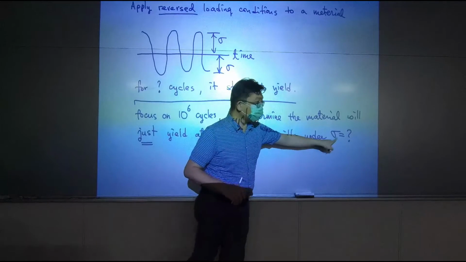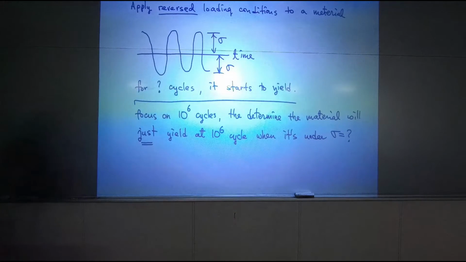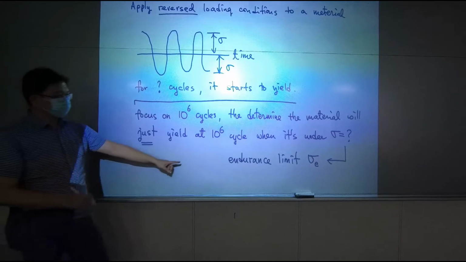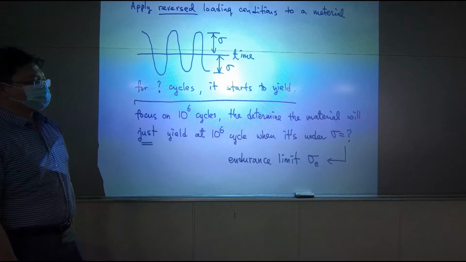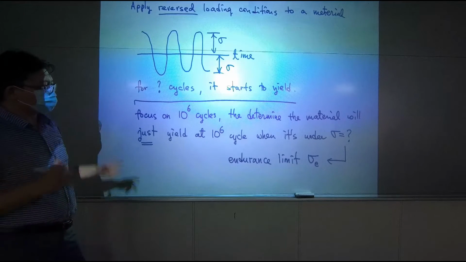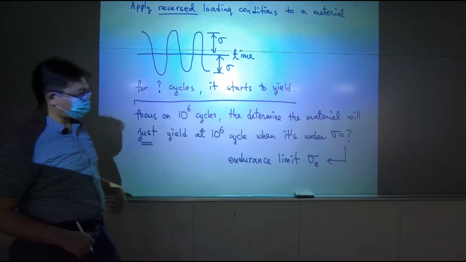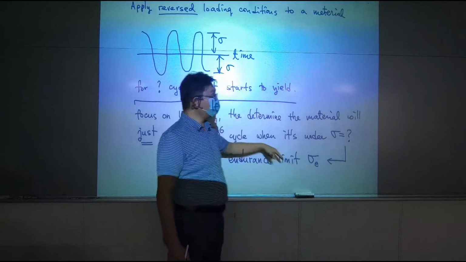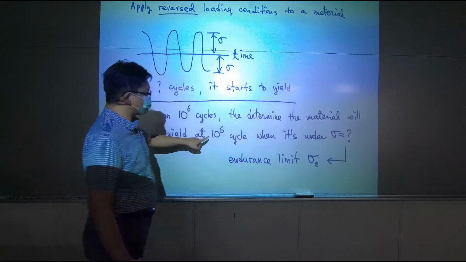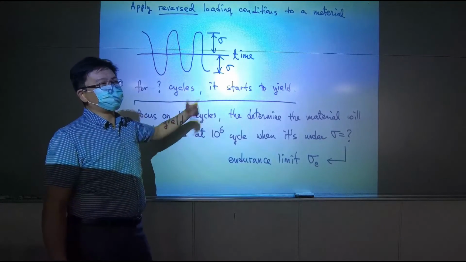Then this number, they call the endurance limit. Usually they use sigma E. So what does that mean? That means if a material is under sigma E reversely for 10 to the power of 6 cycles, it will yield.